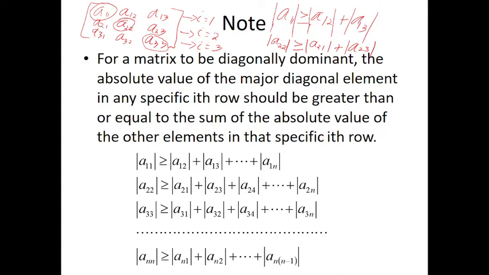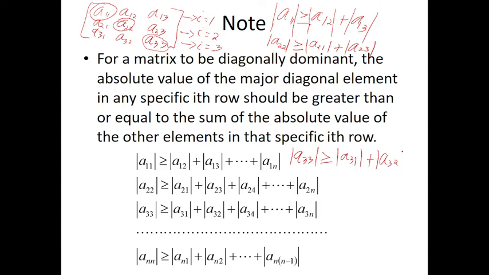And then, let's say those two are satisfied. You still have one more to satisfy for the matrix to be diagonally dominant. So we have A33. Take its absolute value; it should be greater than or equal to the sum of A31 and A32.